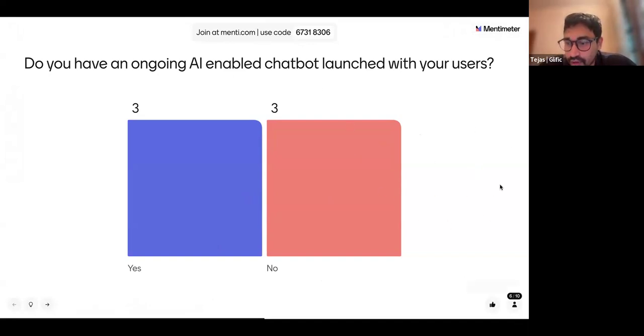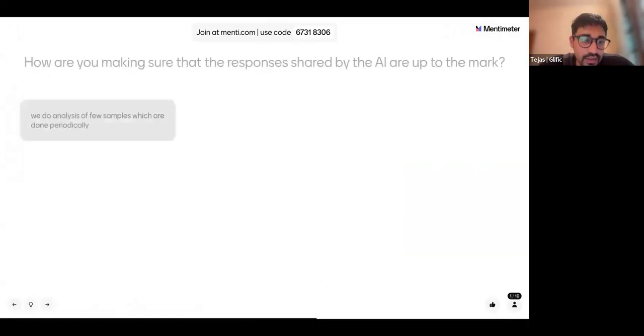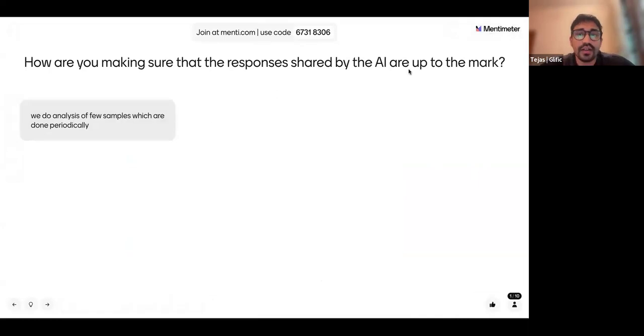Okay. Also going to the next bit, quickly: how are you making sure that the responses shared by the AI are up to the mark? At this point, I would also like to open it up for the folks who are present here, maybe for 15 seconds.